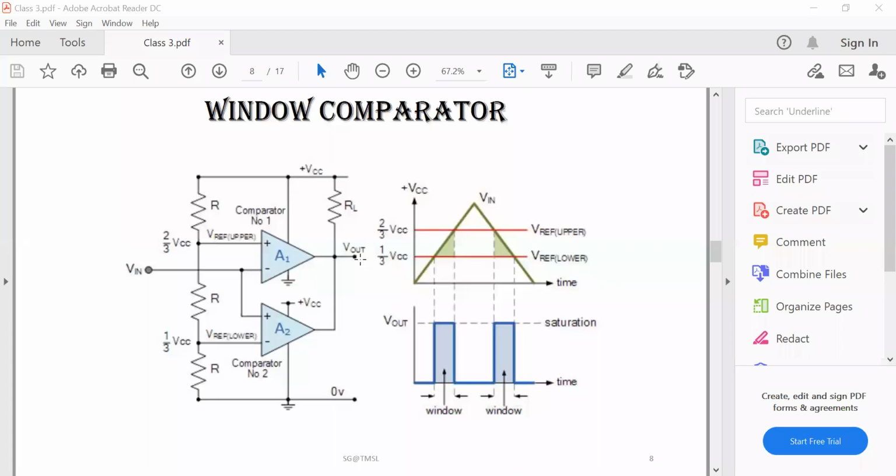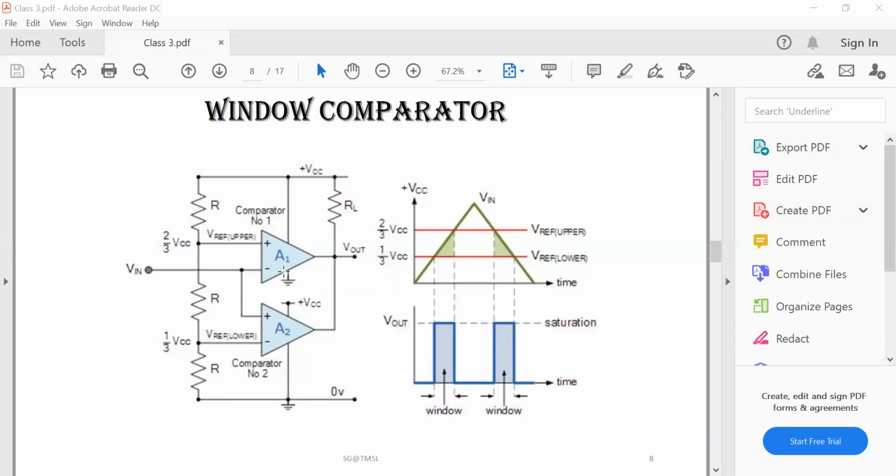As V in continues to increase, it passes the upper voltage level, here at 2/3 VCC. At this point the second op-amp detects this and switches its output low, and V out becomes equal to 0.